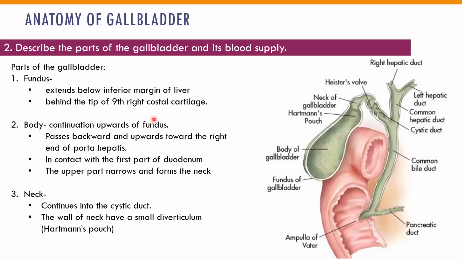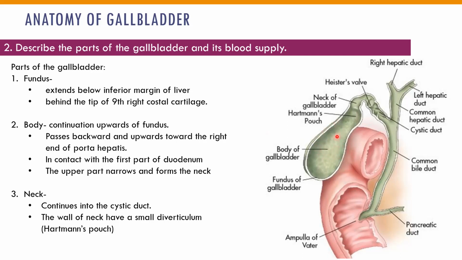Okay, these are the parts of the gallbladder: the fundus, the body, the neck, and the cystic duct. The fundus extends below the inferior margin of the liver, behind the tip of the 9th costal cartilage. The body is the continuation upward of the fundus.